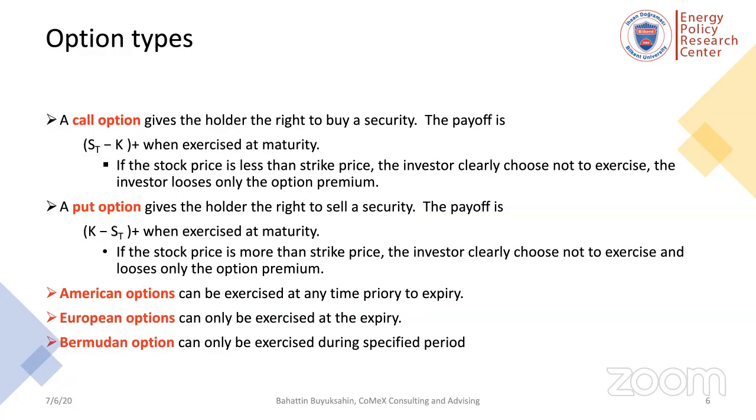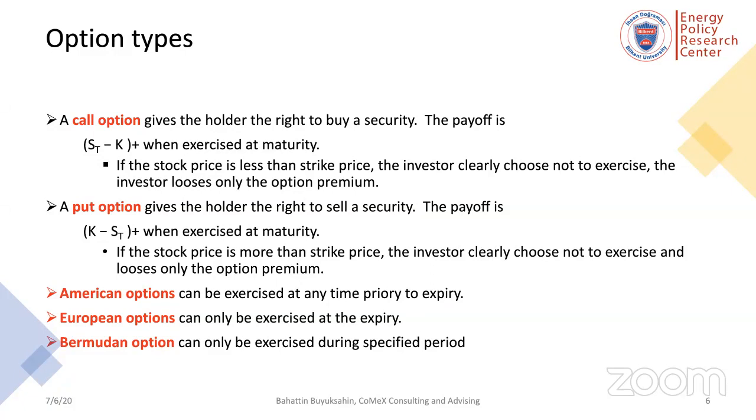Options can be American, European, or Bermudan. An American option can be exercised at any time prior to expiry. For example, most energy options traded on CME are American options. A European option, on the other hand, can only be exercised at the expiry.